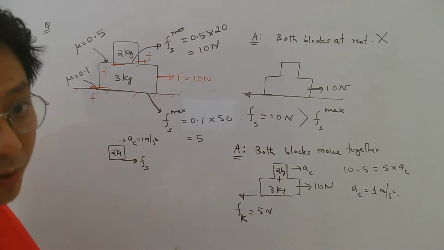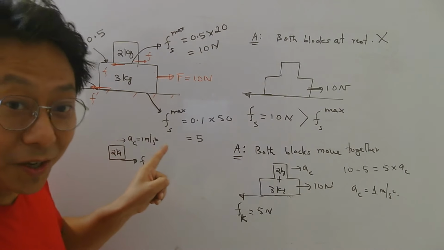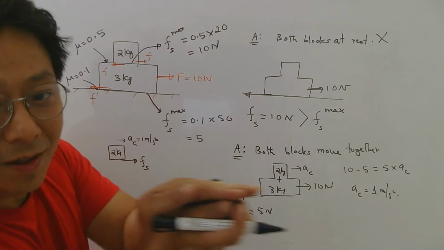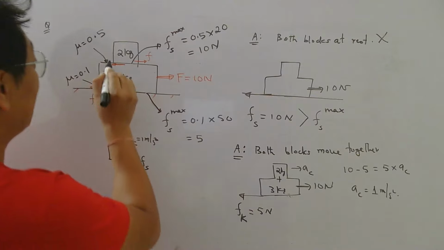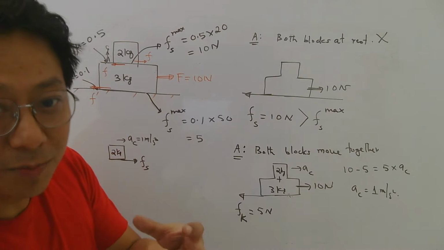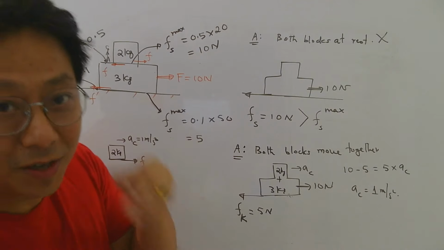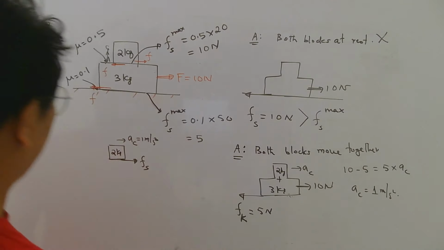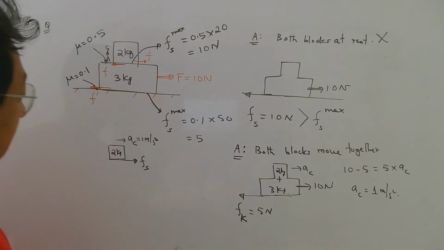Why static? Because they are moving together, I told. And if they move together, then if you stand here, you will see this is at rest. So relative motion is not there. If relative motion is not there, friction will always be static.